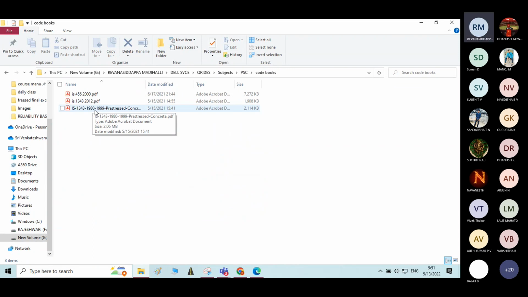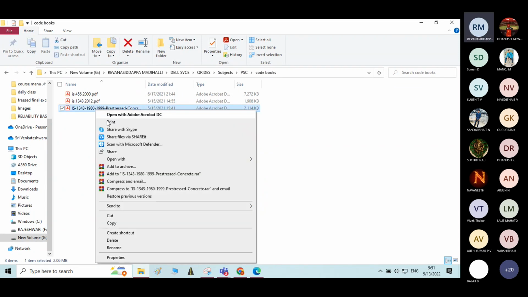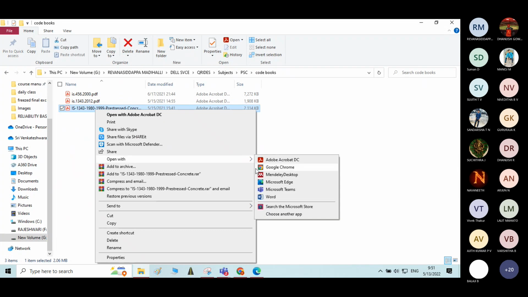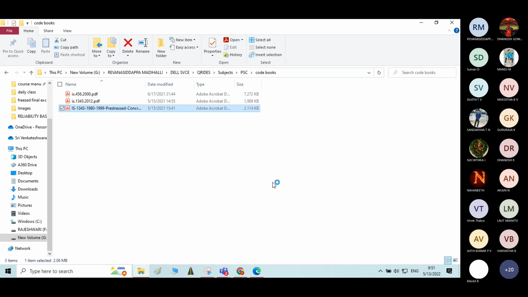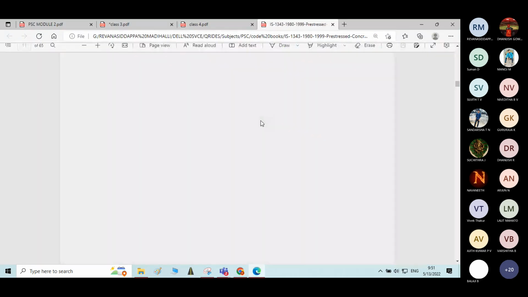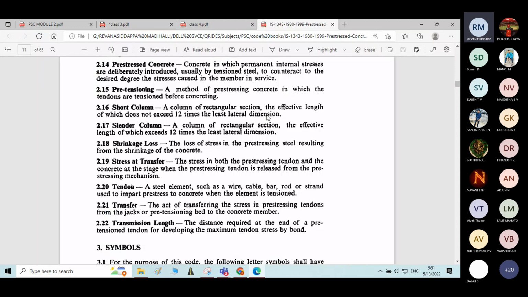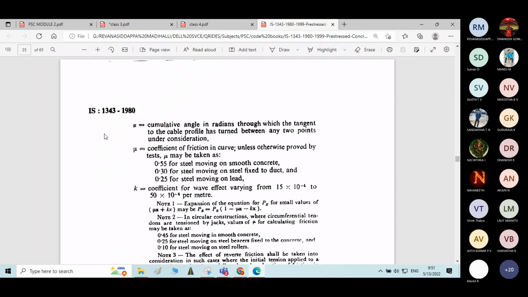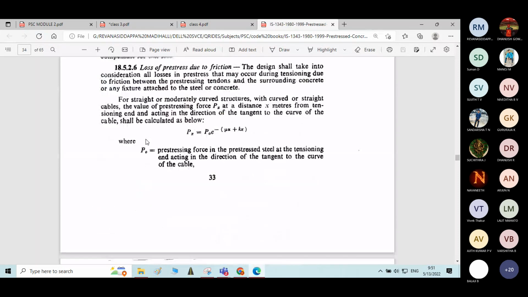It is the IS 1343 1980 code book. In this code book, on page number 33, I think, yes, here we have one formula.